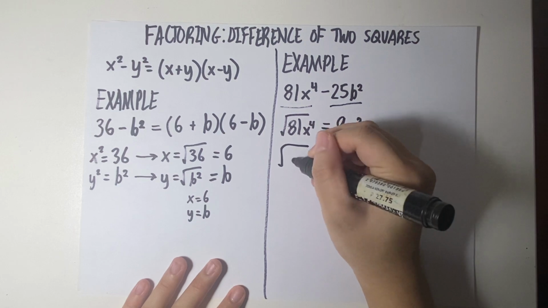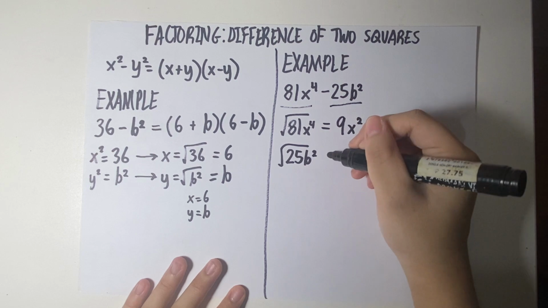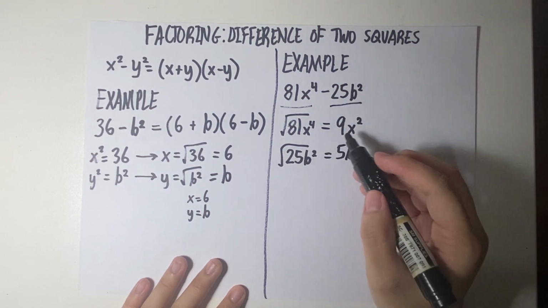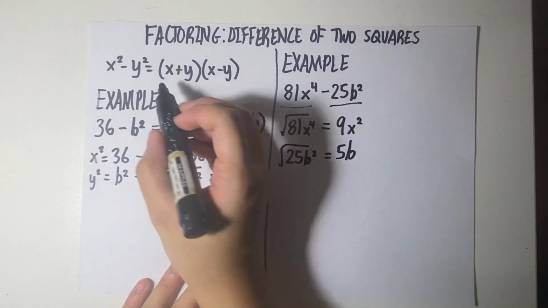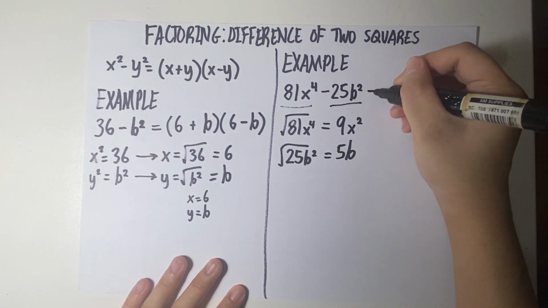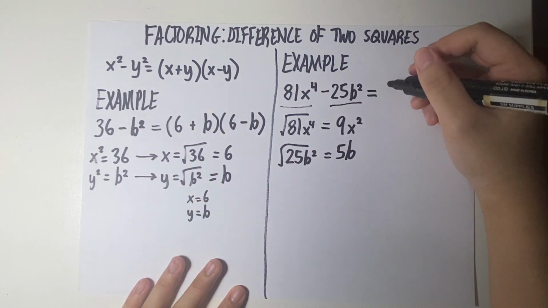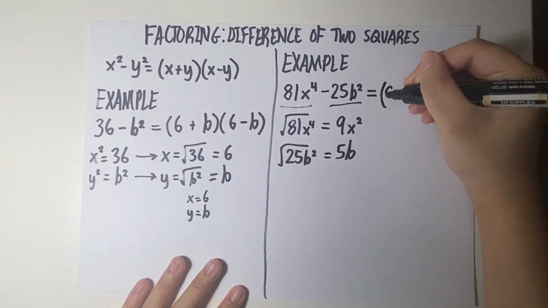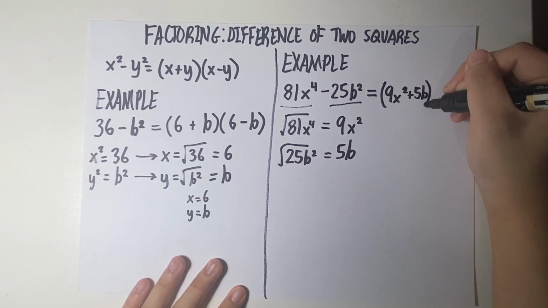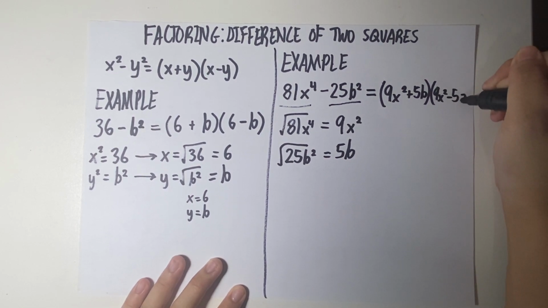The square root of 25b squared is equal to 5b. Okay, and so we know that 9x squared is equal to the x here, 5b is equal to the y here. So writing that in the format of a product of these two brackets, we get 9x squared plus 5b multiplied by 9x squared minus 5b.